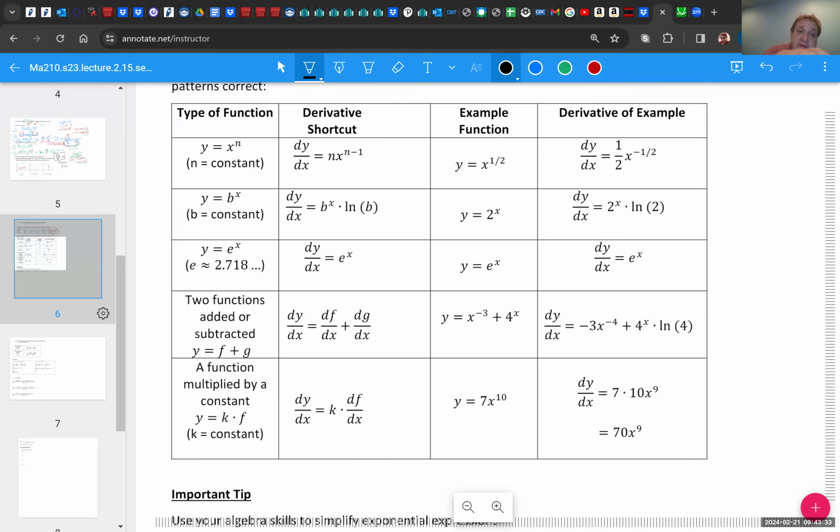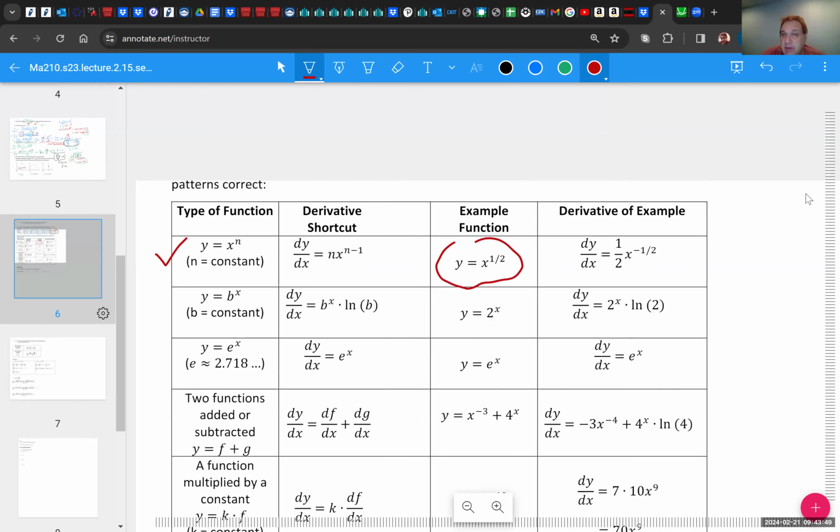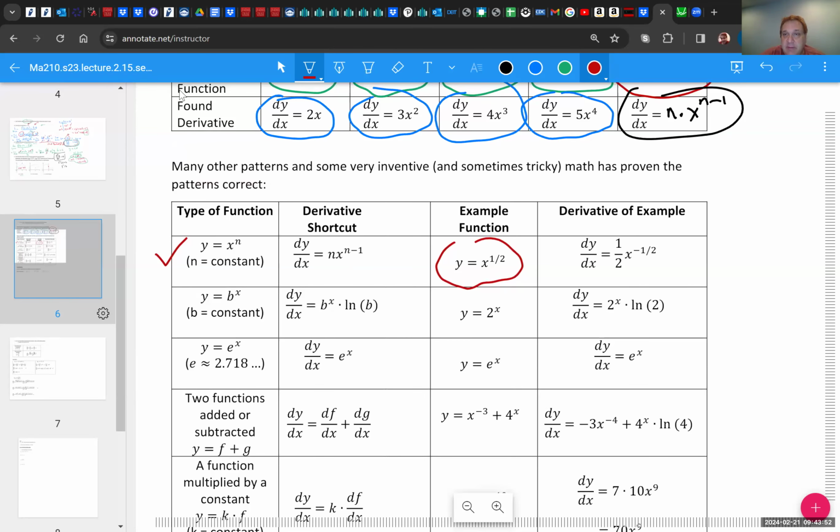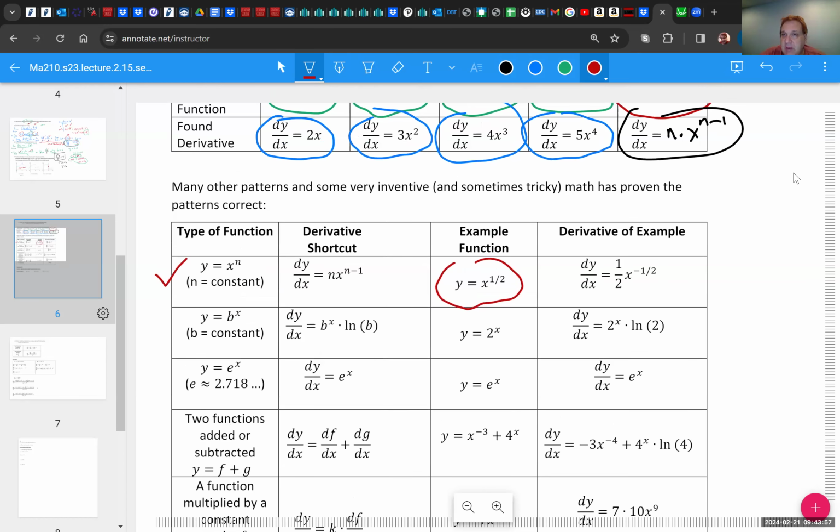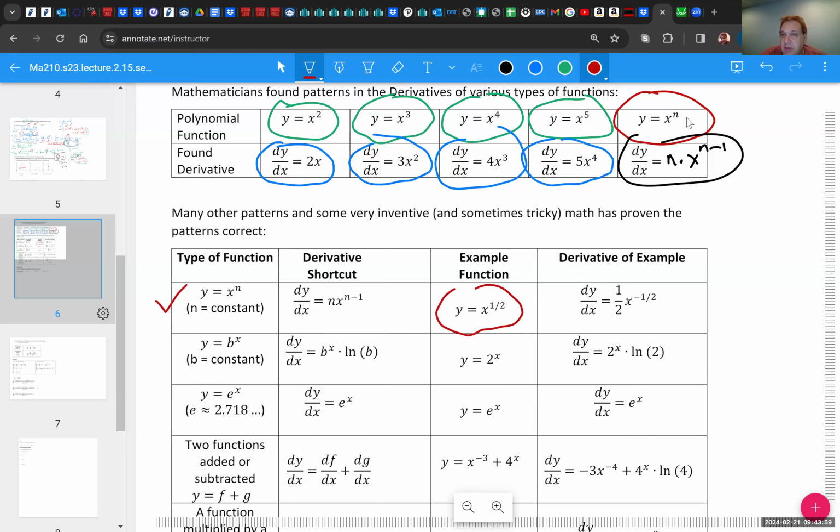So you just saw the x to an n, that's a polynomial. And it actually works when n is not a whole number. For example, I could do x to the 1/2. And if you remember our little rule, which I put off the side of the screen here, let me bring it back here, move me over a little bit. The derivative of x to the n: the number that was representing the exponent comes down in front as a multiplication, and then you still have a power where the exponent is one smaller.